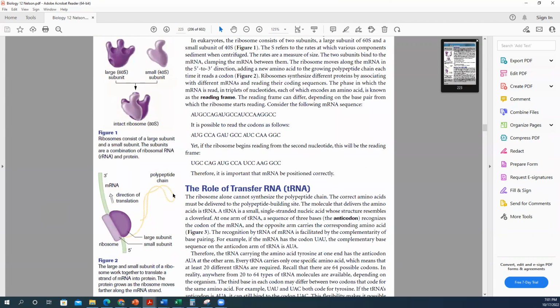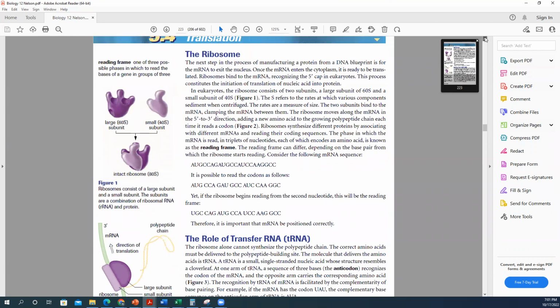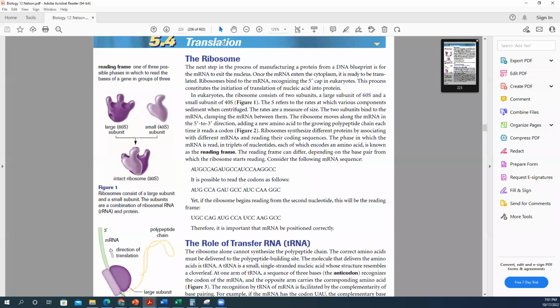There we go. Okay. So this blob represents the ribosome. And the ribosome has these 2 subunits, which come together to form the intact ribosome. And the 2 subunits are known as the large subunit, which is the larger one, and the small subunit, which is the smaller one.